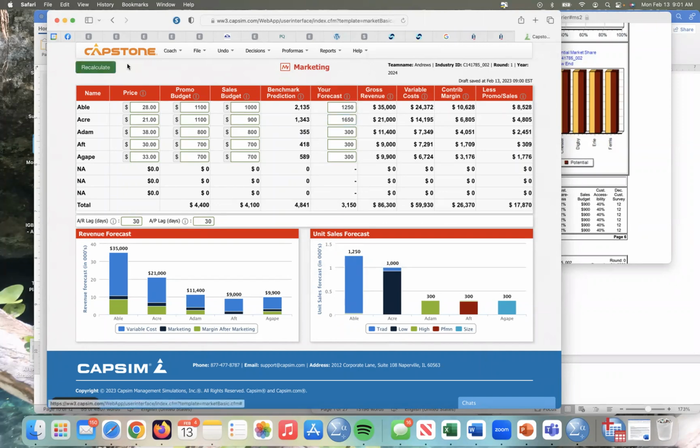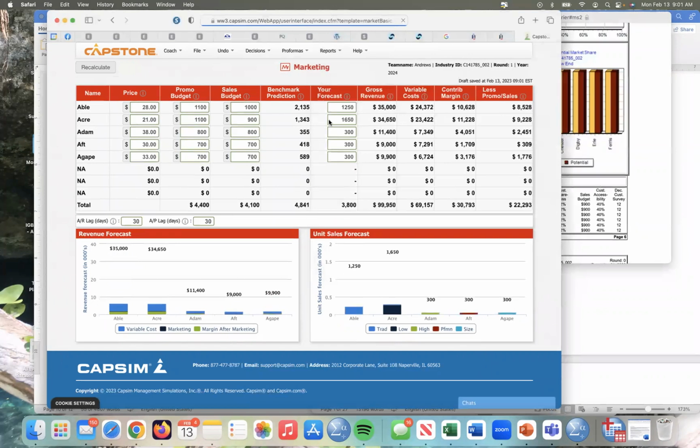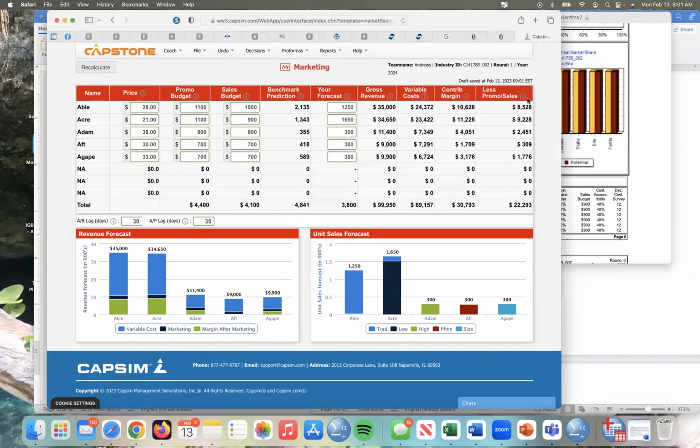I think that's conservative for the low end product. And again, we're going to look over here to make sure that these numbers do allow us a decent contribution margin, compared to what you're spending on promotion and sales. Now, if you're going to spend more on one than the other, I would spend more on promotion. That increases customer awareness.